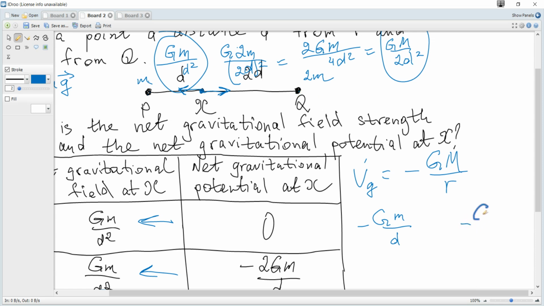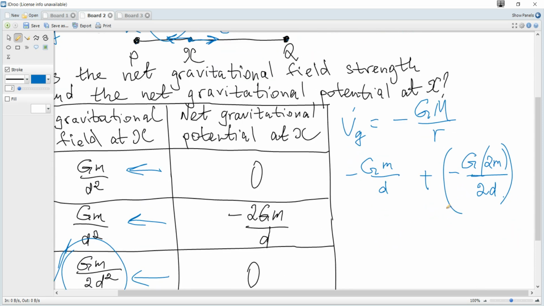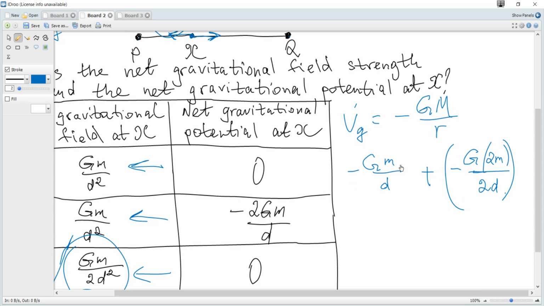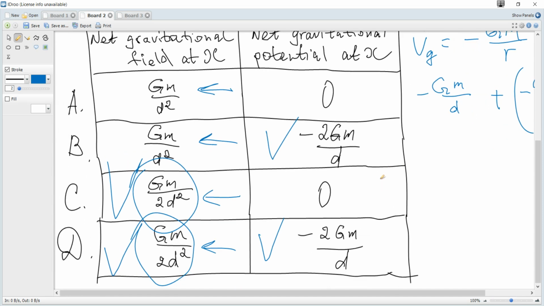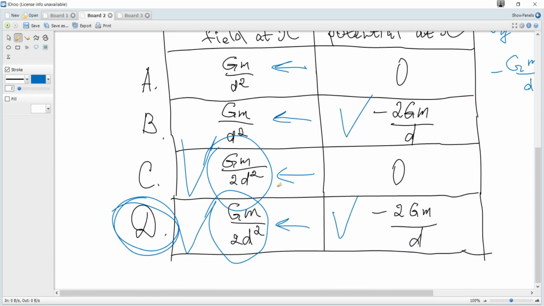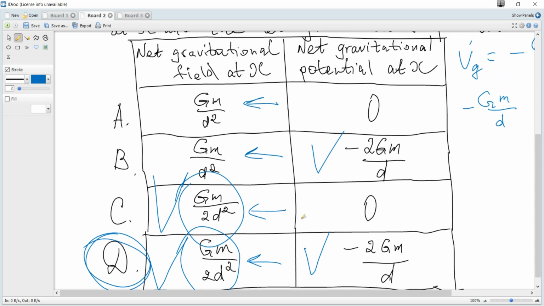It's negative G 2m over 2d. And since potential is a scalar quantity, the resultant potential is just the sum of individual potentials, and you can see the 2 cancels and it becomes negative 2Gm over d, not 0, and hence you can see that D is correct. And that's all for this question.